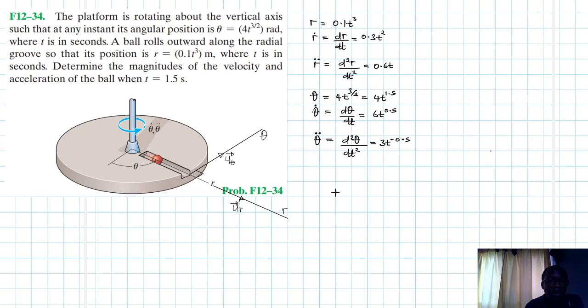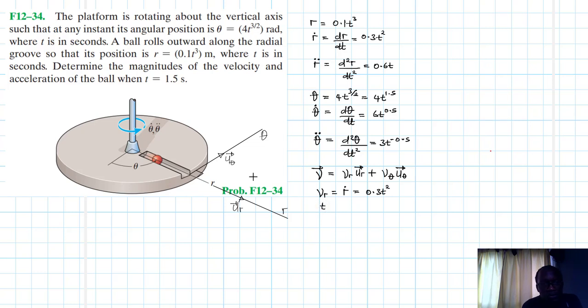All right, and then we know that our velocity is equal to v r u r plus v theta u theta, where v r is equal to r dot, which is 0.3 t squared.